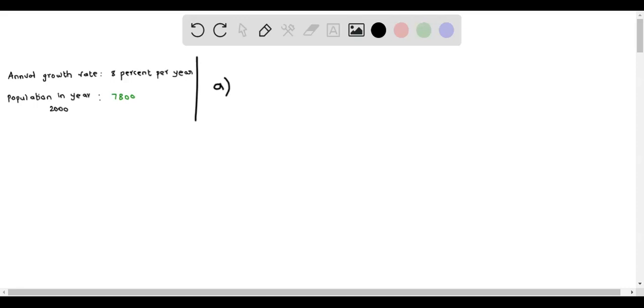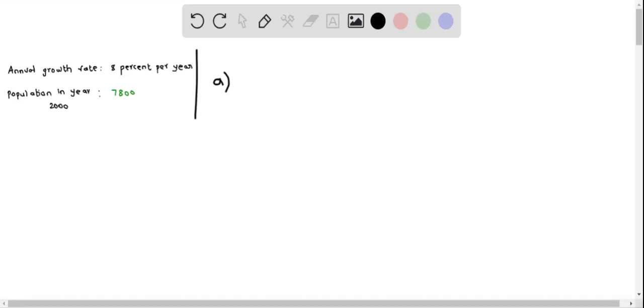Let's answer part A. So here we determine a function that models the population t years after the year 2000. We can use a general population model, that is P of t equals P naught e raised to the power of kt. P of t is the population after t years, and P naught represents the population at the beginning.